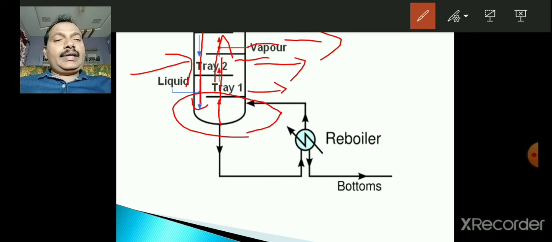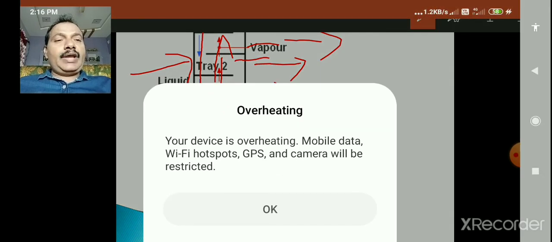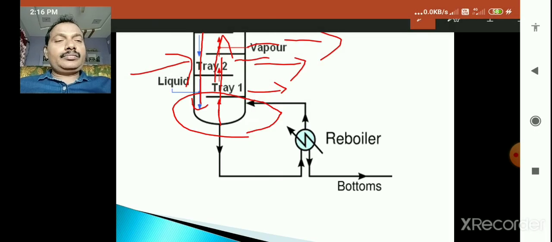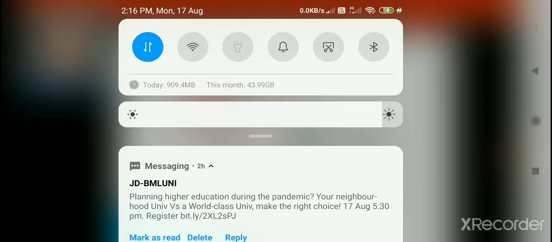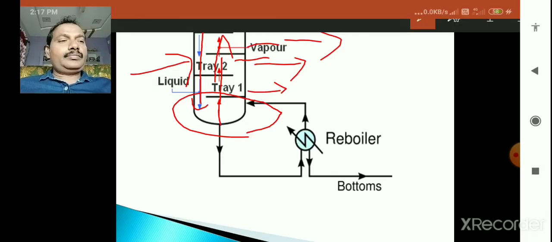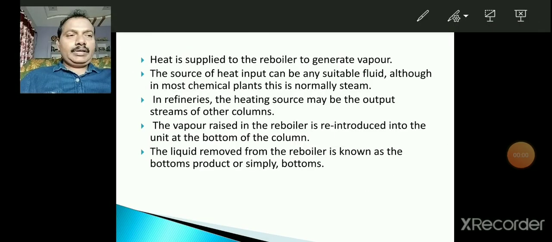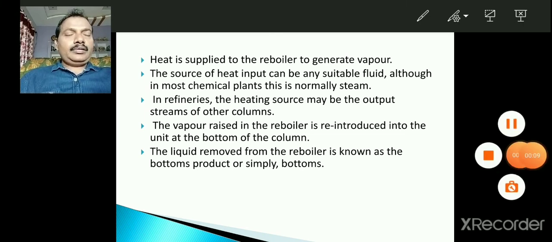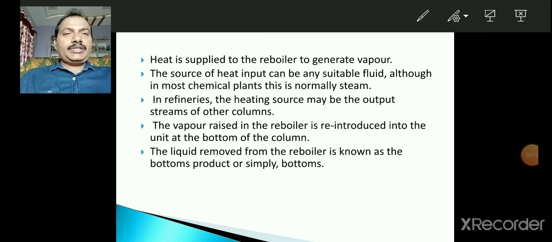And in the bottom section, the reboiler is there, and heat is supplied to the reboiler to generate vapor.